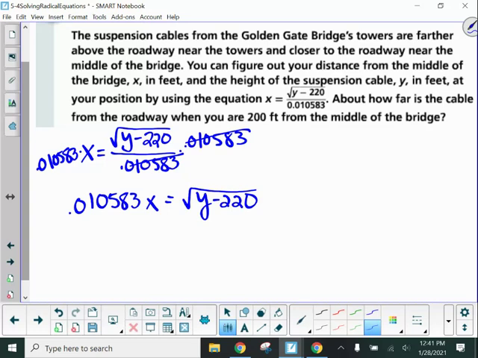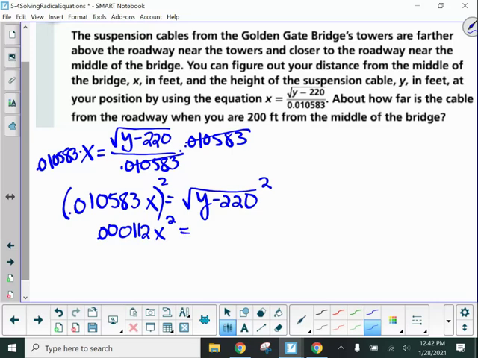Now, to get rid of the square root, I need to square both sides. I need to square the entire quantity on the left-hand side, which means I'm squaring the number and squaring the variable. When you square the number, you get 0.000112, and there may be some other decimals on the end, but that's enough to get a good picture.